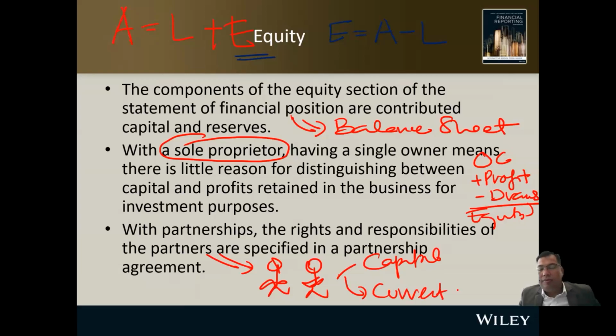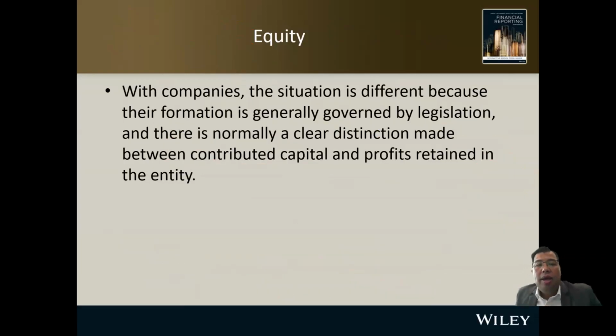For a company, the situation is a bit different because its formation is generally governed by legislation. There must be a Corporation Act. For certain countries like Australia, they have a Corporations Act, and other countries have their Companies Act. And there is normally a clear distinction made between the contributed capital and the profit retained in the entity.